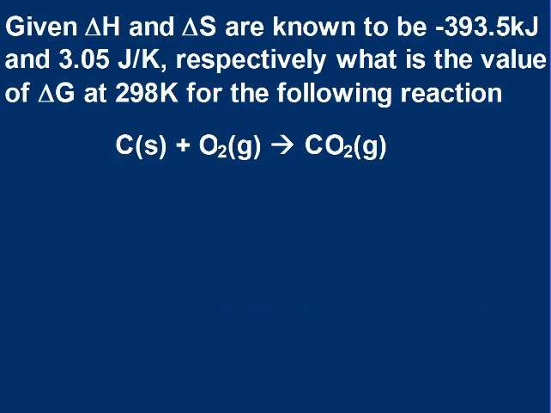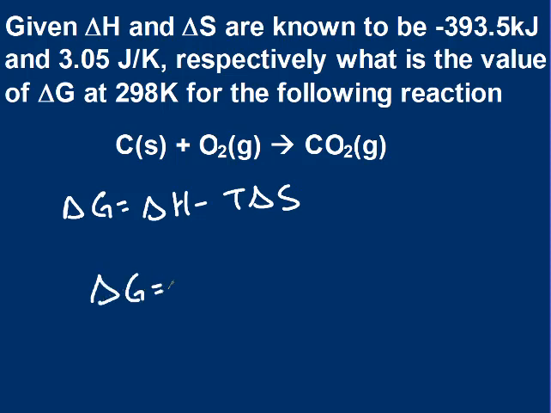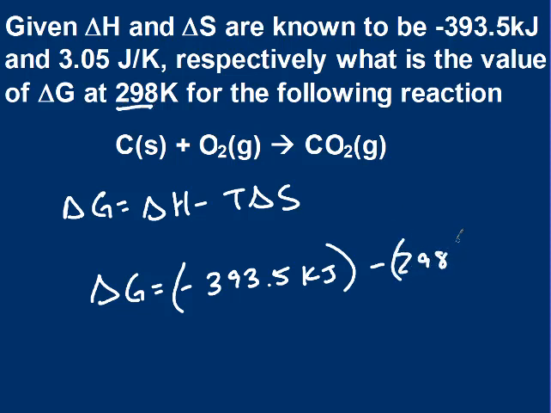So this problem wants us to calculate the delta G, and they gave us the delta H and delta S. So we're going to be plugging it into this equation. We're looking for delta G. Delta H was negative 393.5, and that's kilojoules. Minus our temperature is 298, and it's already in Kelvin.